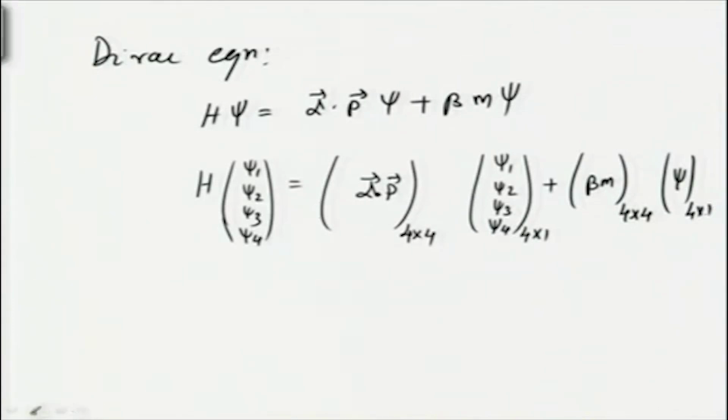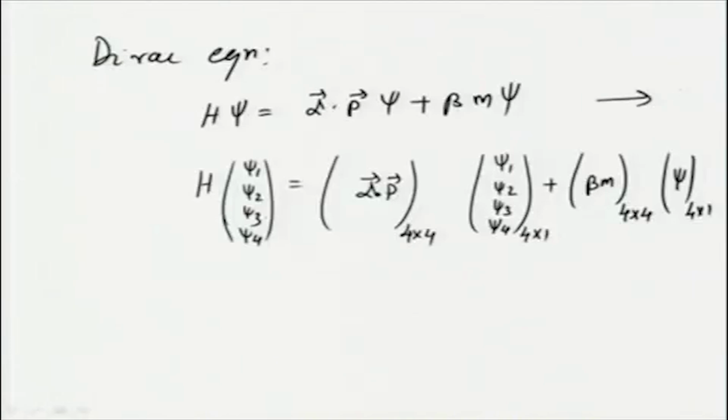Let me now take this equation, the Dirac equation, and write it in the operator form. i dou by dou t, the Hamiltonian energy operator acting on psi, is equal to alpha dot minus i gradient, which is the momentum operator, acting on psi, plus beta m psi.